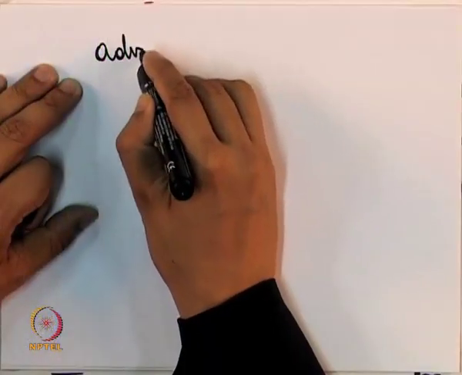So, as I said, before going on to the formal definition of the poles and zeros, let us discuss the advantages of operating in the frequency domain.